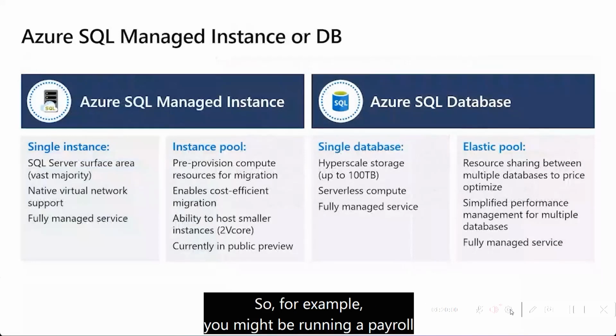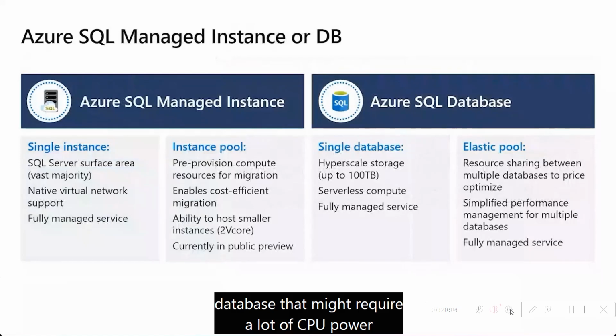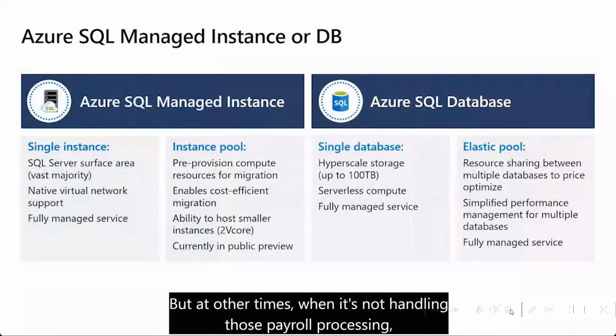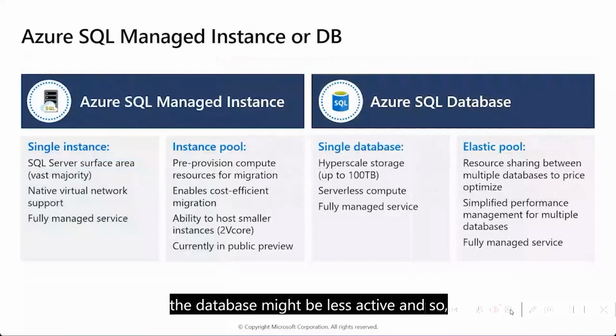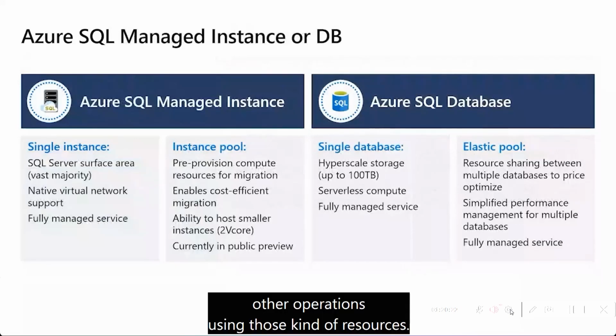So for example, you might be running a payroll database that might require a lot of CPU power at the end of the month as you handle those payroll processing. But at other times, when it's not handling those payroll processing, the database might be less active. And so you can have another database being used to run other operations using those kind of resources.